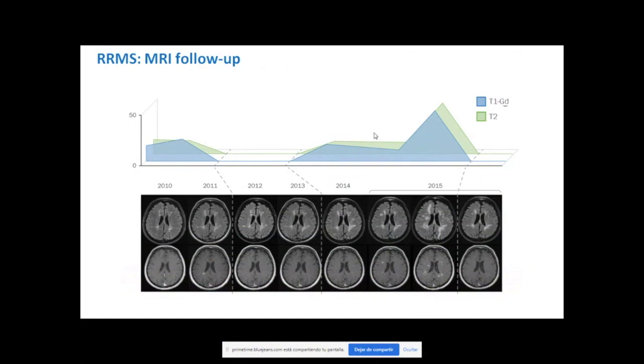This is an example of follow-up MRIs obtained in a patient during several years, a patient that received different disease-modifying drugs, and we can see the profile of the new gadolinium-enhancing lesions and new T2 lesions, and this obviously helps the neurologist to know the efficacy of these drugs.